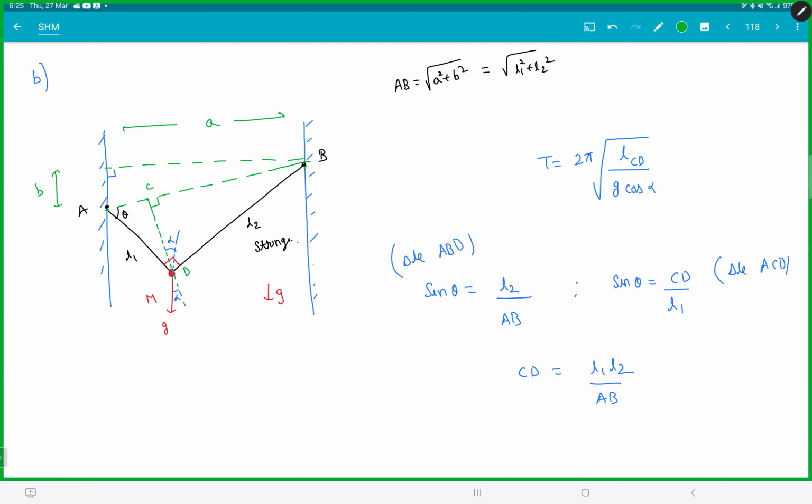No, see, if I draw one more line parallel to CD. So if that was alpha, this guy is also 90. Isn't this angle also alpha?